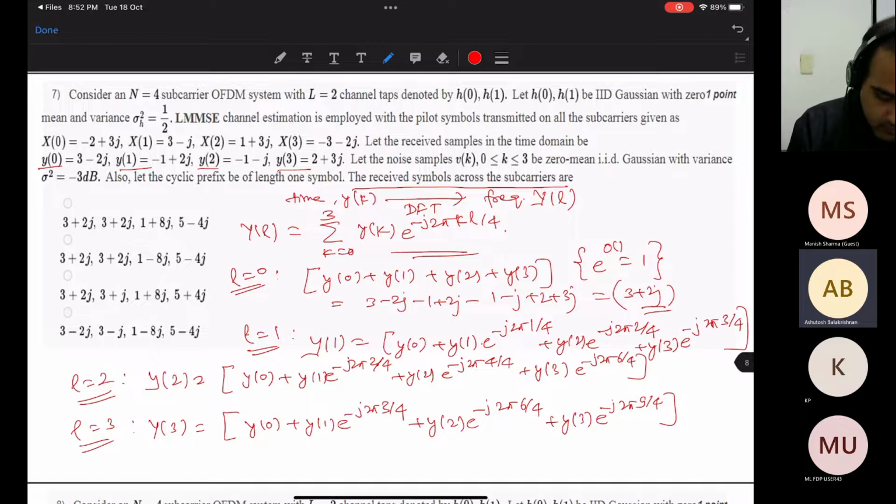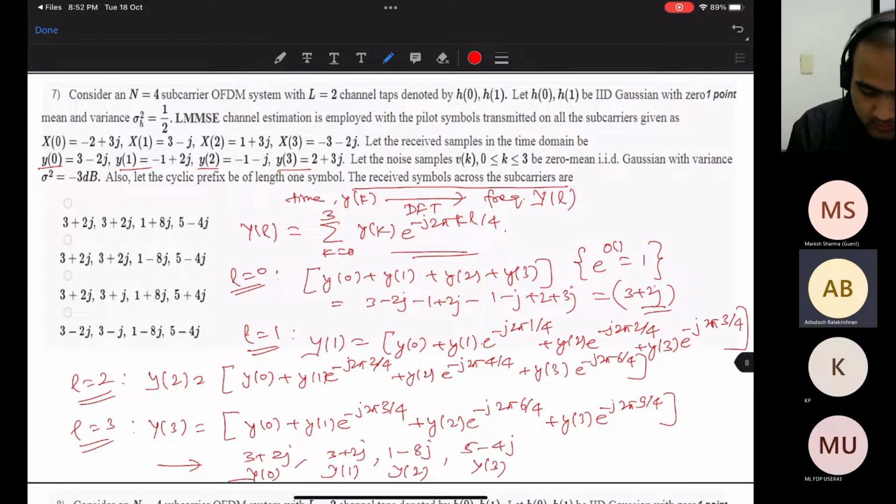And what are these symbols? So it is 3 plus 2j, right? This is Y of 0. Then you have 3 plus 2j again. This is for Y of 1. Then you have 1 minus 8j. This is Y of 2. And 5 minus 4j.